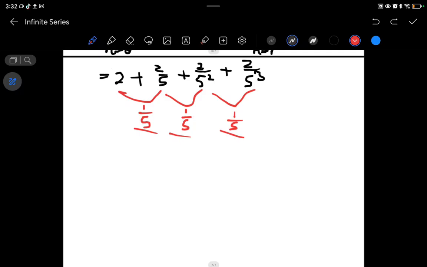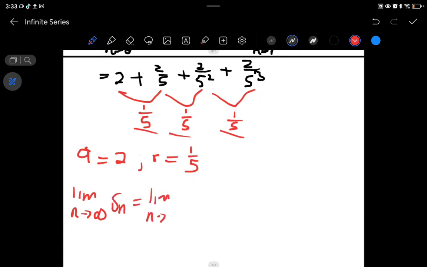So this allows us to say that a will be 2 and then r will be 1 over 5. Then that means that we can take the limit as n approaches infinity of Sn, which equals the limit as n approaches infinity of this expression with r to the n, 1 over 5 to the n minus 1, over 1 over 5 minus 1.